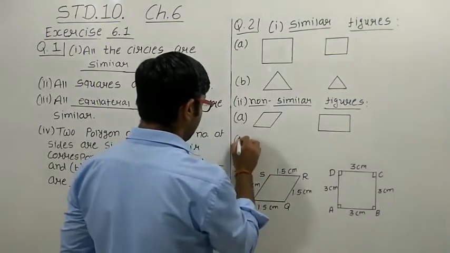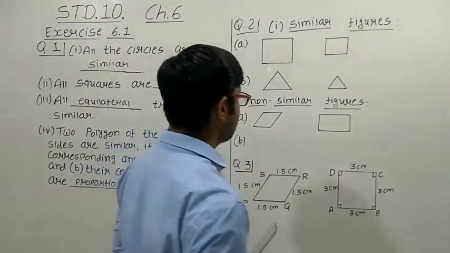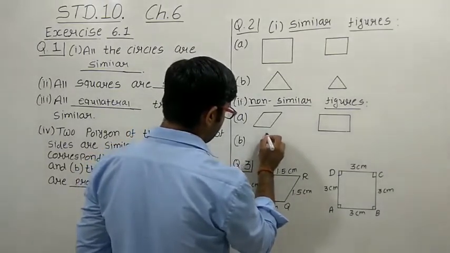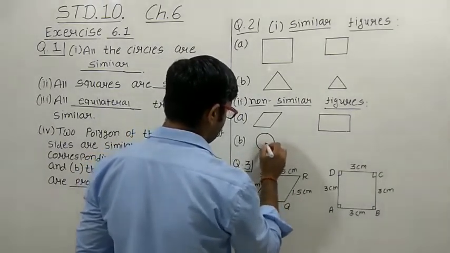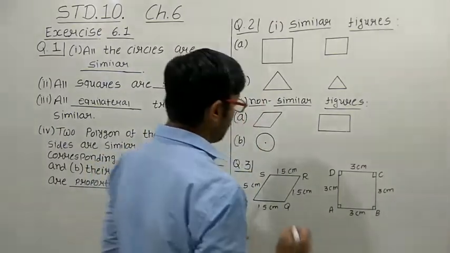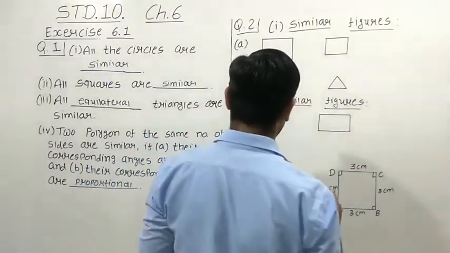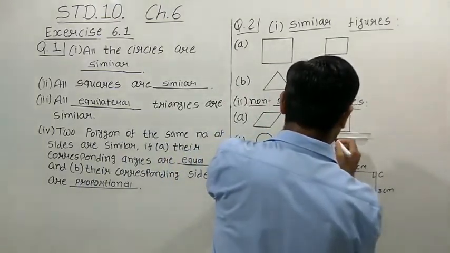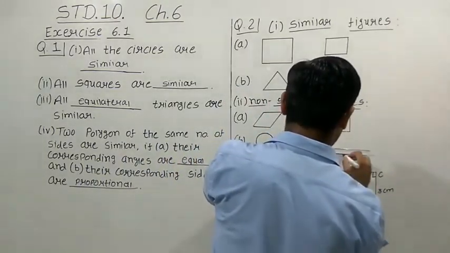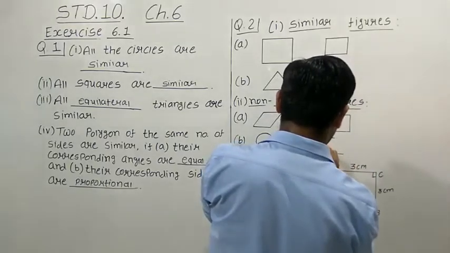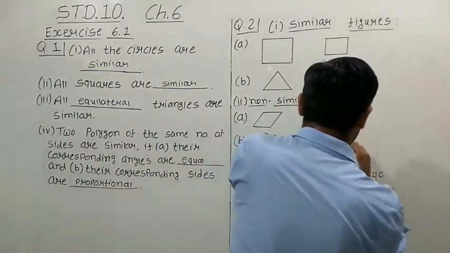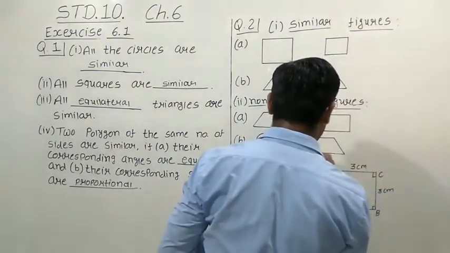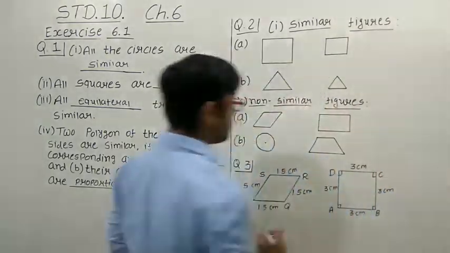Now for the second example, we can draw a circle, and as the second figure we can draw another shape like this.